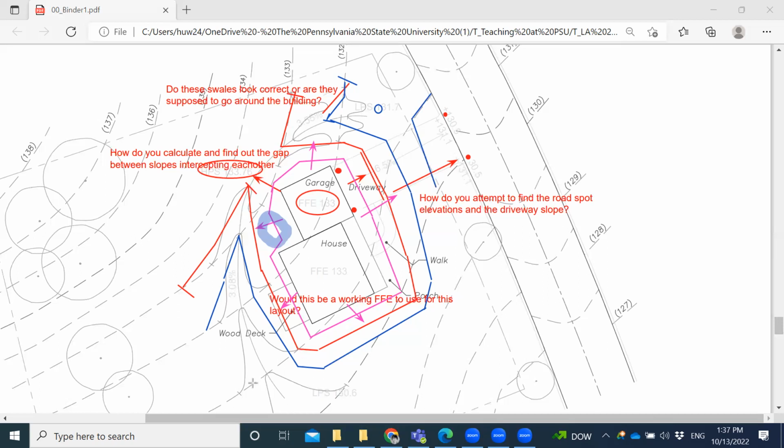And then 131, still here, you still have a swale line. And then I'm going back up here and then go up there. And that's my 130. 130 would not have any swale line anymore. It starts from here.